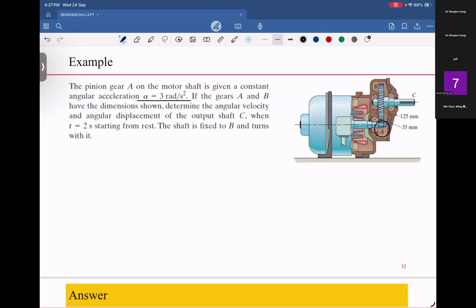Gear A and B have the dimensions shown: A has a radius of 35 millimeters, B has a radius of 125 millimeters. Determine the angular velocity and the angular displacement of shaft C when t is 2 seconds, starting from rest.